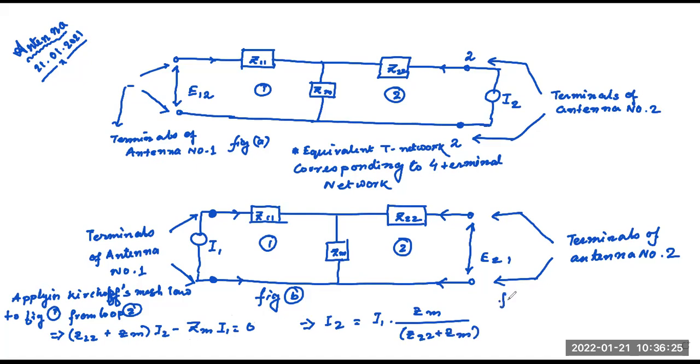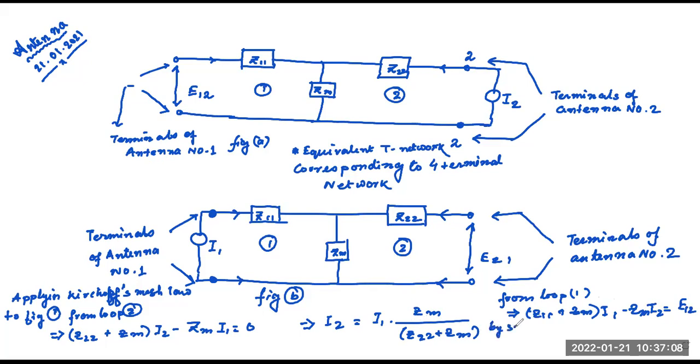Now from loop 1, what will I get? Z of 11 plus Z of M into I1, minus Z of M into I2, that is equal to E of 12.